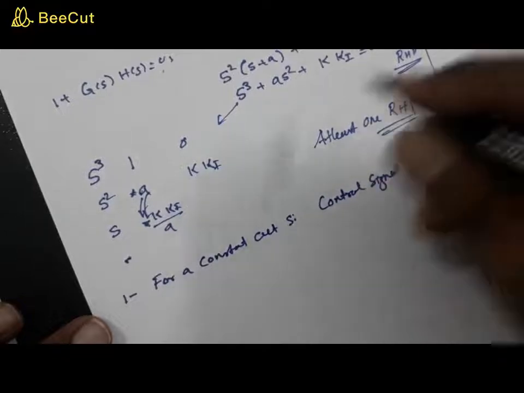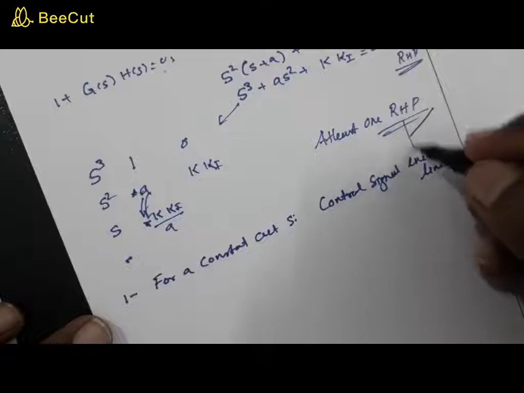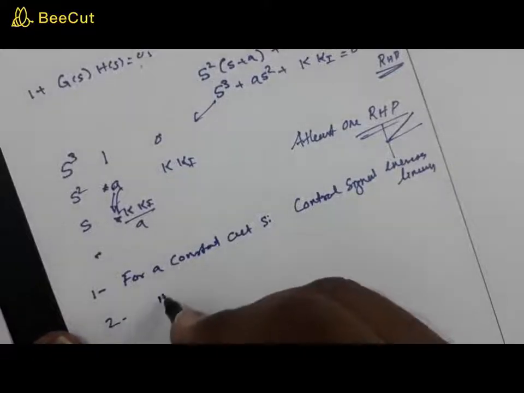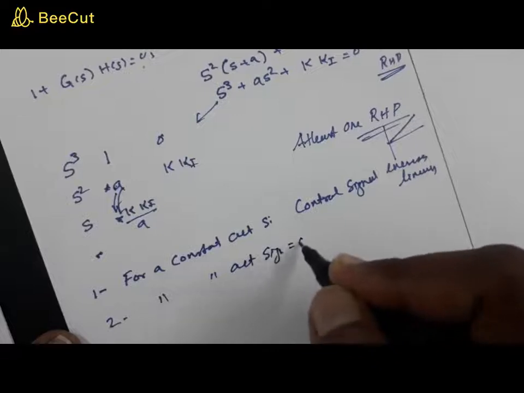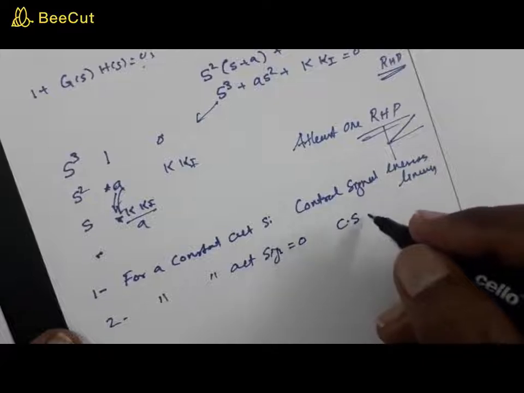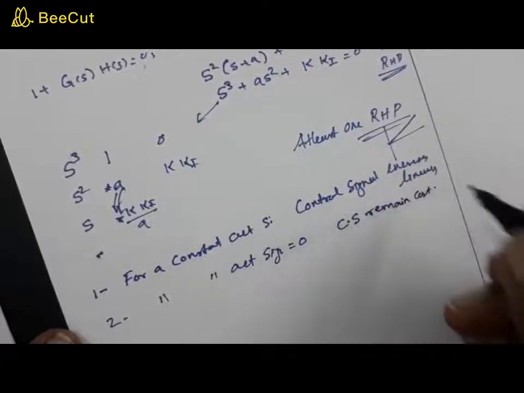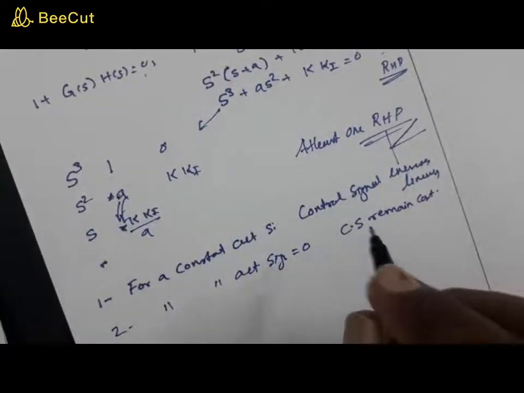As I have shown you, when you give a unit step constant input, since it integrates, the integration leads to a linear increase. Second, if the actuating signal is 0, then the control signal remains constant or stationary, and because of this reason, this is also called a reset controller.